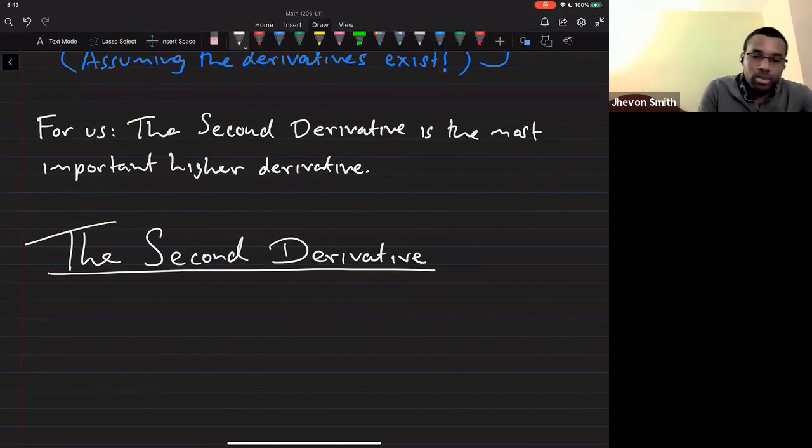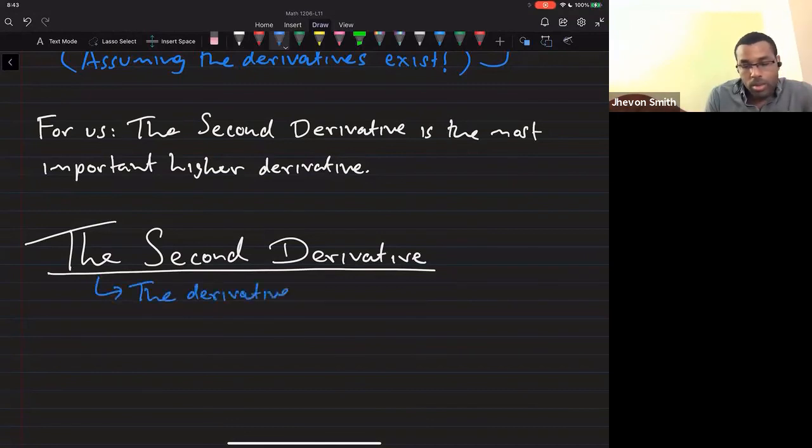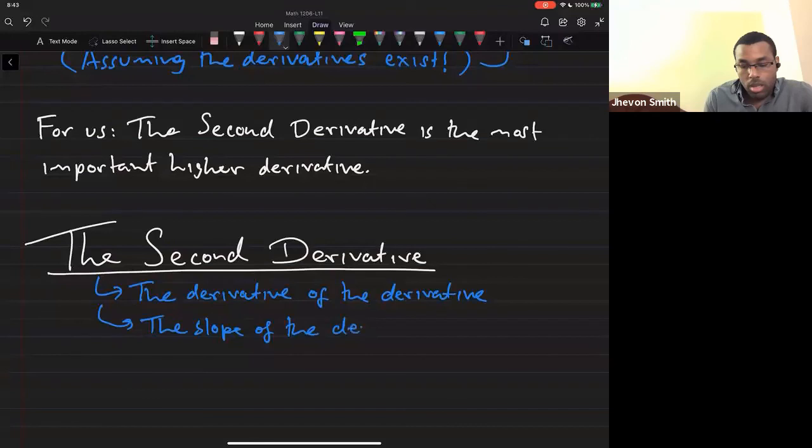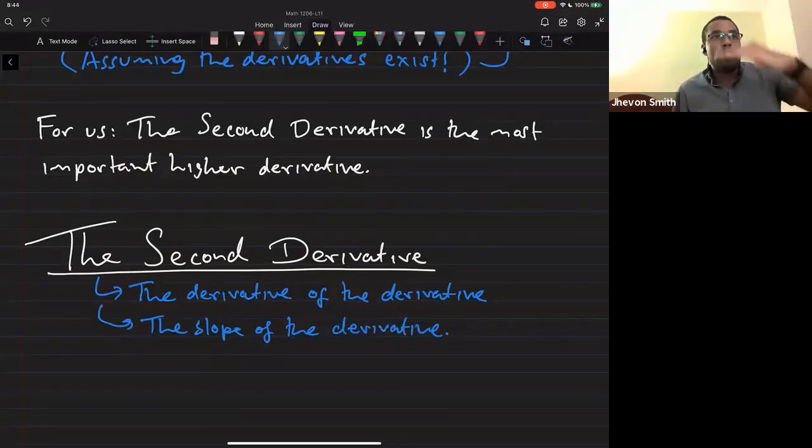Right. So the second derivative, remember, is the derivative of the derivative. You can also think of it as the slope of the derivative. The derivative is just another function, and if you find a derivative again, what you're doing is finding the slope of this new function.